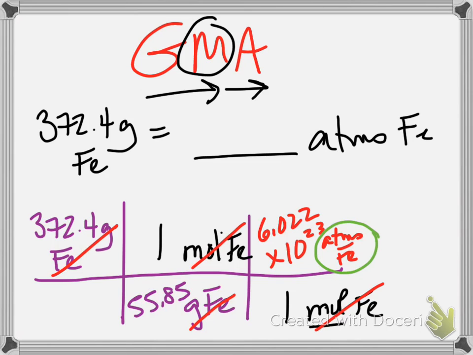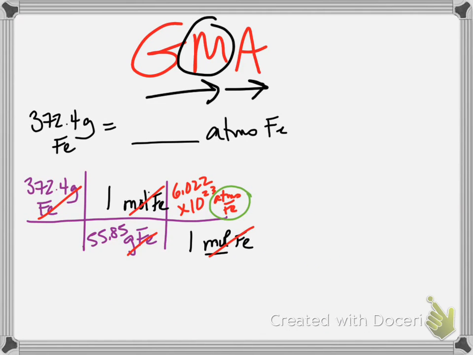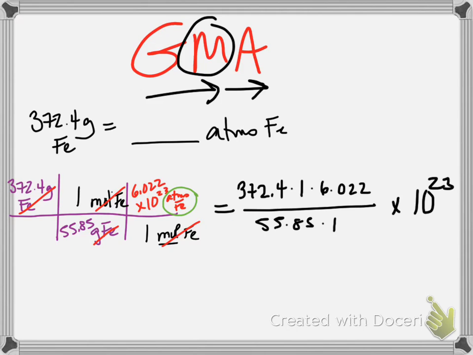I'm going to shrink all this so that we can put in a raw answer. So this is equal to, let's get a raw number. I do like showing the setup there that we're doing: 372.4 times 1 times 6.022, all divided by 55.85. So I get a raw answer of 7.80649, blah, blah, blah.